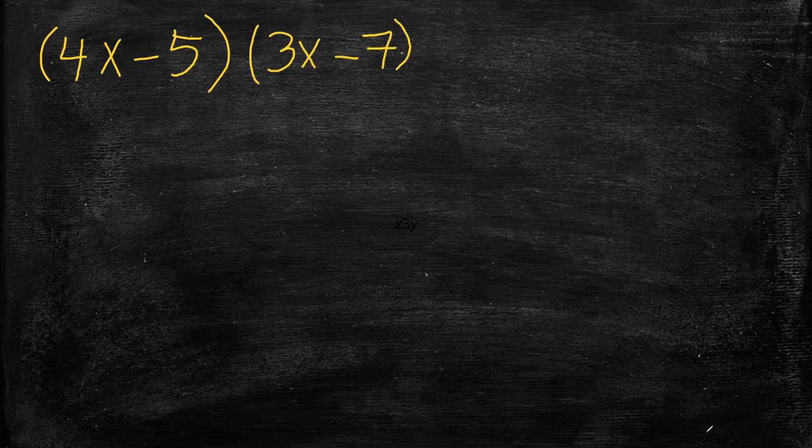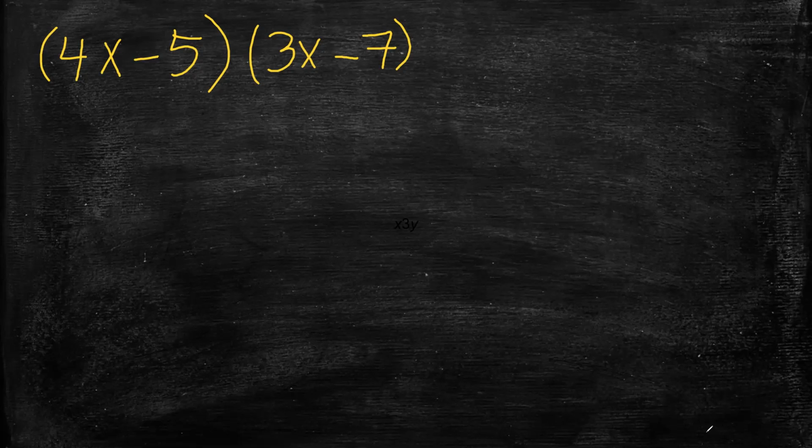As an example, if you have 4x minus 5 times 3x minus 7. Here, as you see, we have two polynomials. Since we have two polynomials, we can multiply them in three ways: by the distributive property, by the table, and by the FOIL.